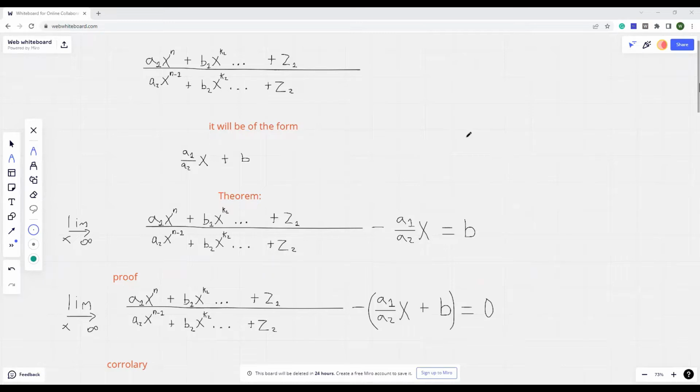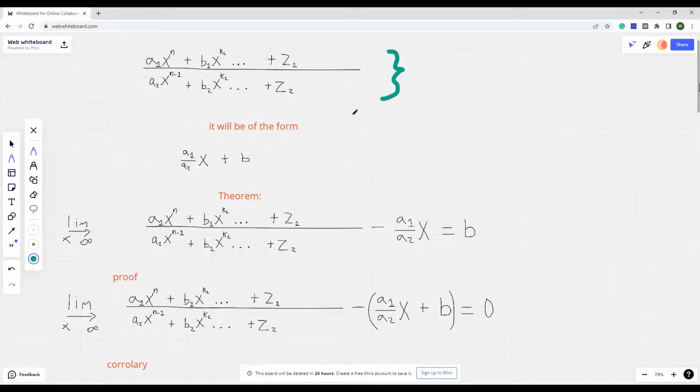Now, when we're dividing one polynomial by another polynomial, just like this example we have right here, sometimes you might have a situation where the term in the numerator being raised to the highest power is raised to a power just one greater than the term in the denominator raised to the highest power.